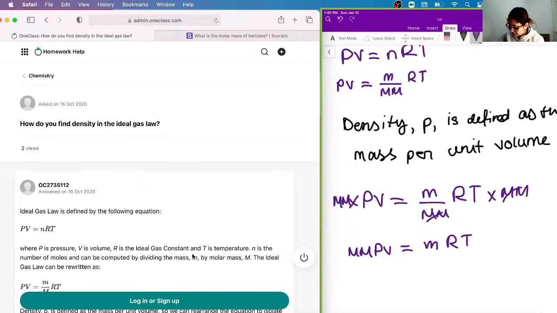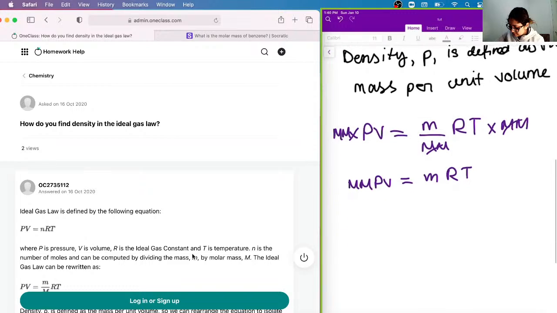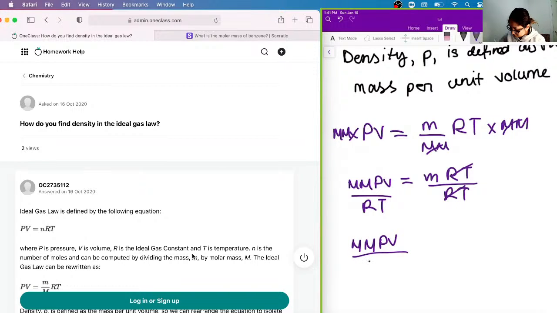What you want to do next is get rid of the RT to the other side, so you would divide both sides by T. Right, so this is equal to mass.